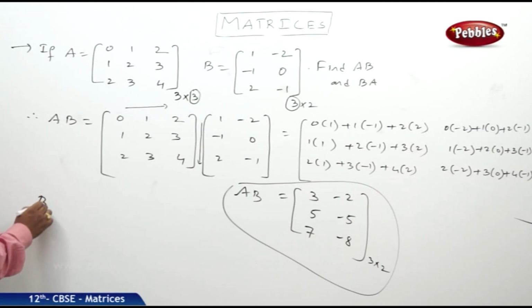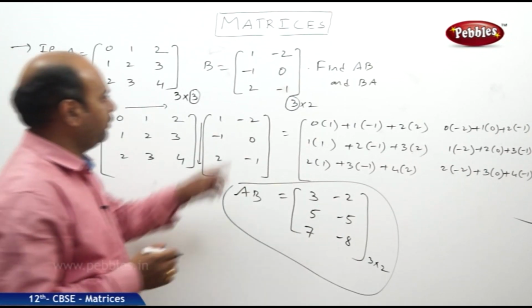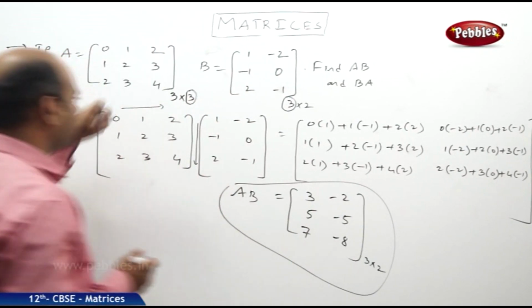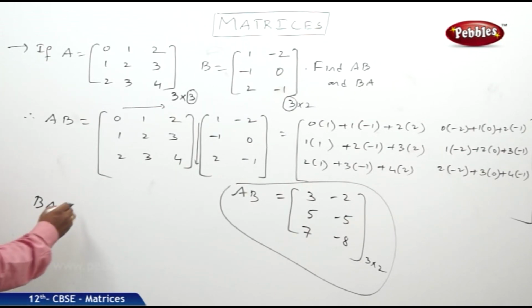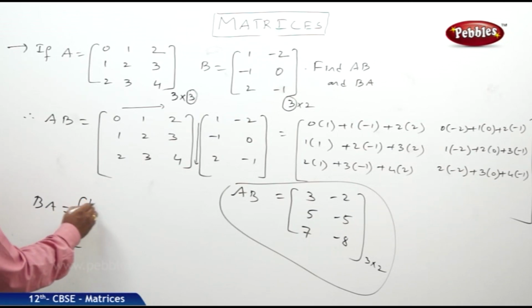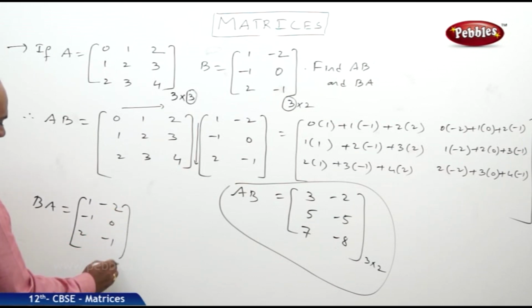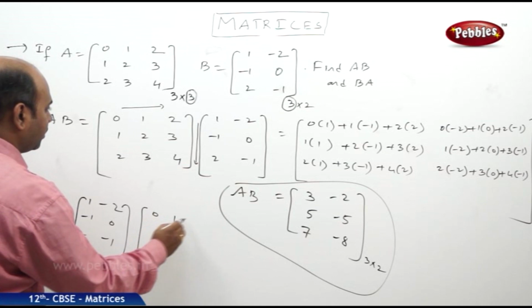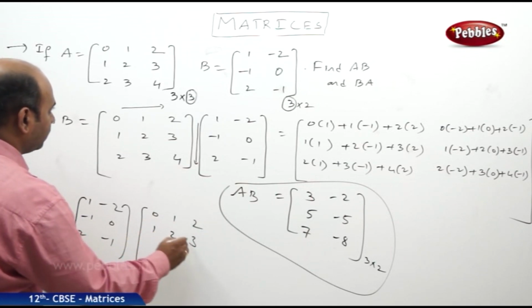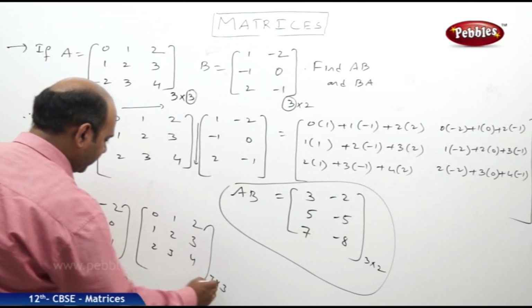Now we shall go for BA. We shall check whether BA is possible or not. BA means what? We need to take first matrix B, later matrix A. So here if you observe carefully, B is [1, -2; -1, 0; 2, -1], its order is 3 by 2, and later A is [0, 1, 2; 1, 2, 3; 2, 3, 4], its order is 3 by 3.